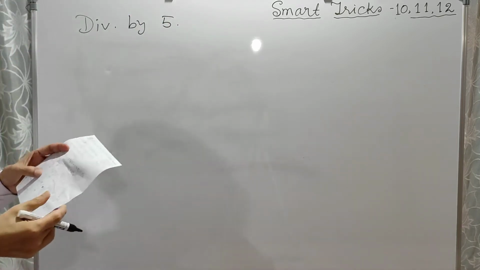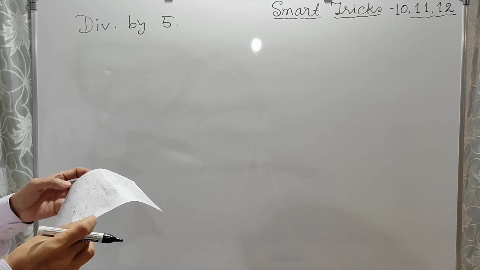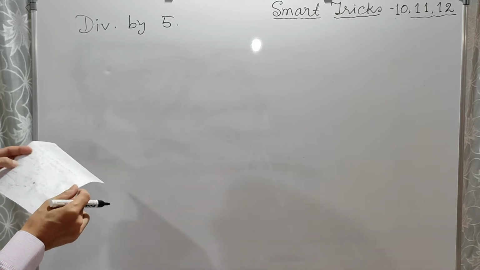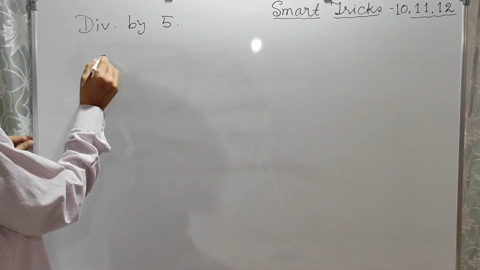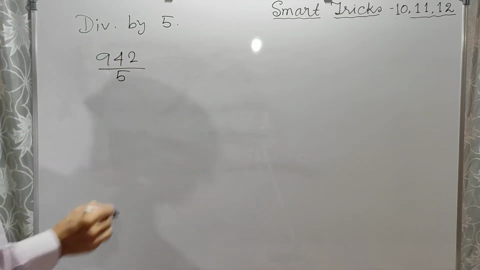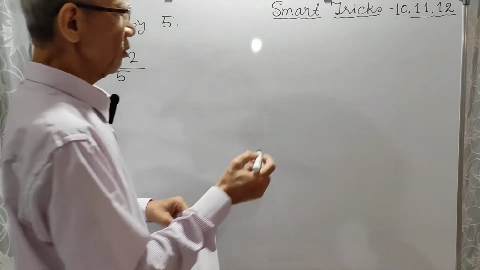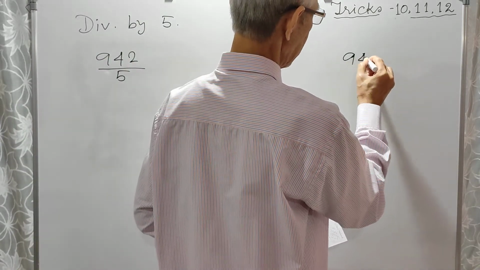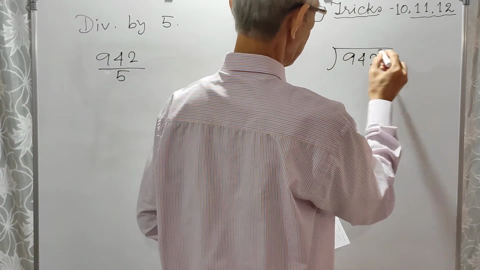For example, suppose you want to divide, say, 942 by 5. 942 divided by 5. Now, if you do long division, it will be like this. 942 divided by 5.